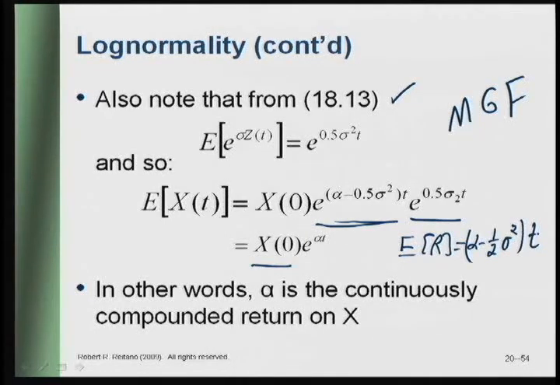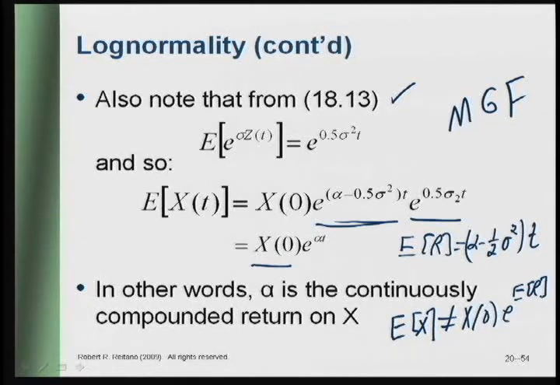But when we do this calculation, the expected value of x is not equal to x0 times e to the expected return. That's the point. The expected return over the period is smaller than alpha, and it reflects the variability of the returns.